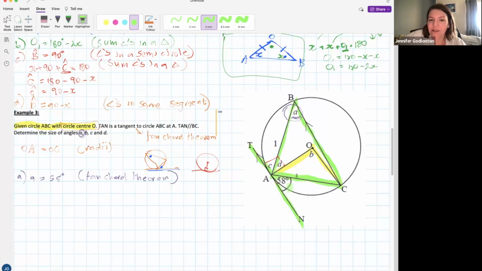So they're holding on to the wind, and the angle that they're looking at is the one that's going to be the same. So this angle here is going to be 58 degrees. Caitlin, I see your hand. Is it a new hand or is it an old hand? No, it's old hand. Okay. Cool. So that's our tan chord theorem. Beautiful. All right, we've done A.